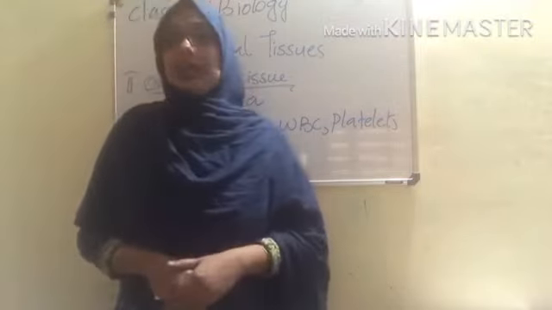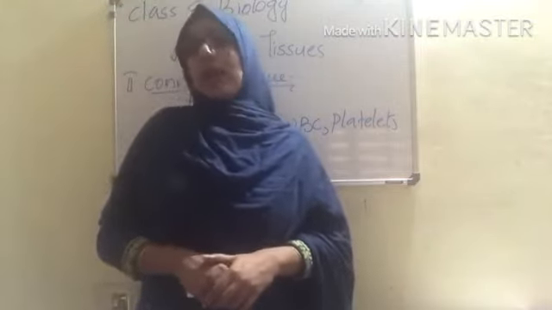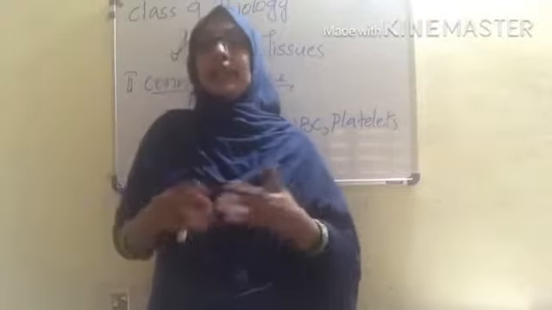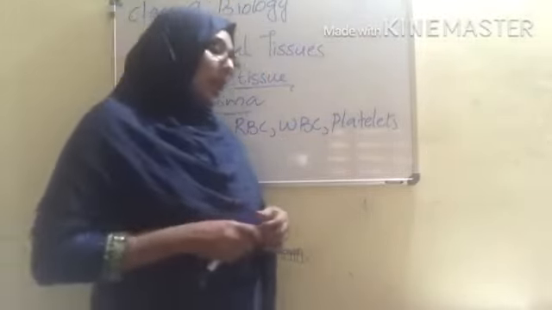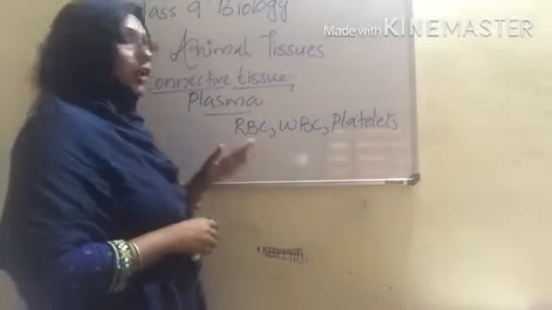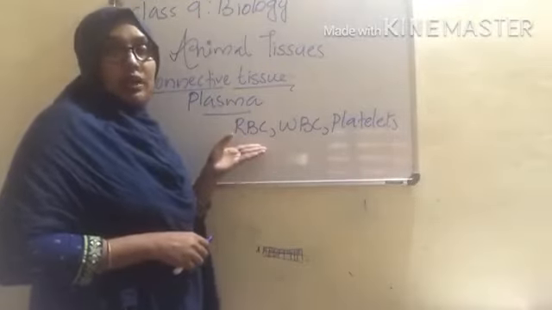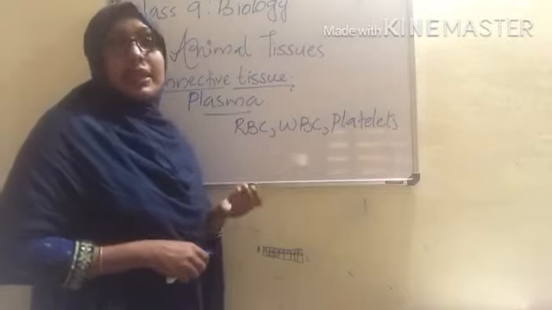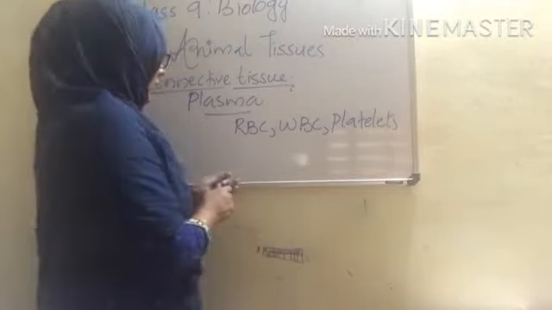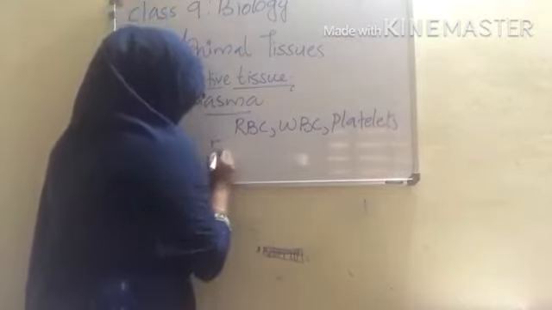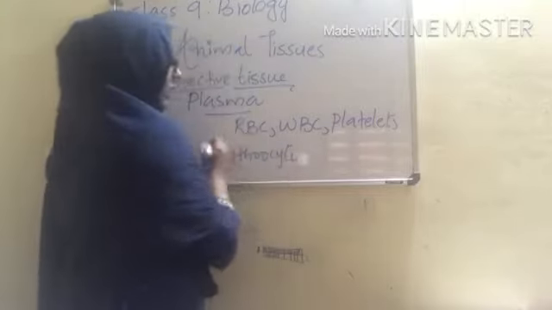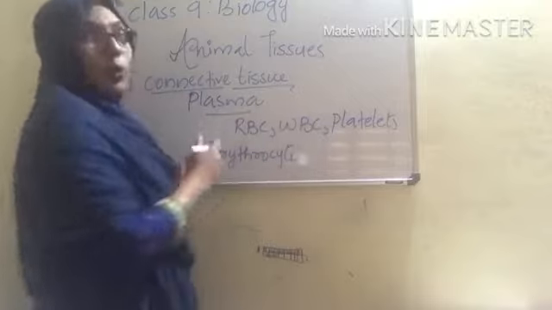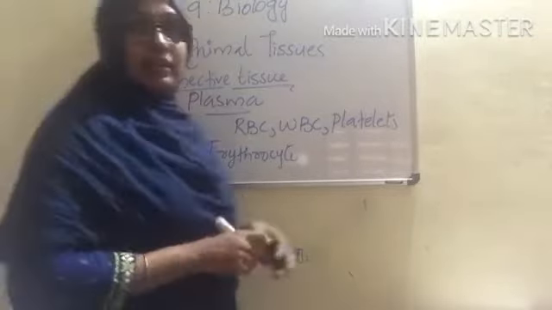In addition to these blood cells, the plasma also has certain salts, enzymes, hormones and so on. Now, you know what RBC is, right? Red blood cell, or the other name is erythrocyte. Clear? WBC, white blood cells, and platelets.